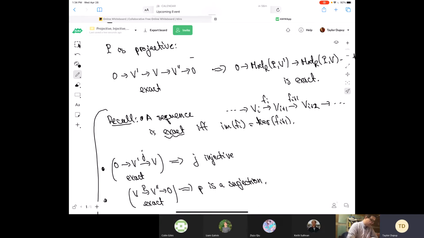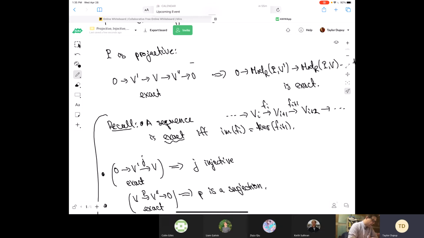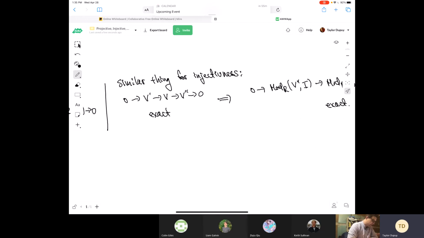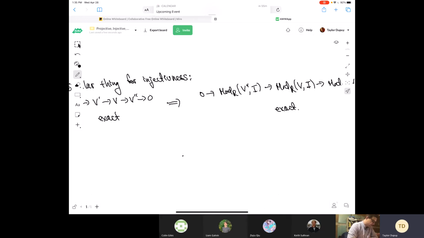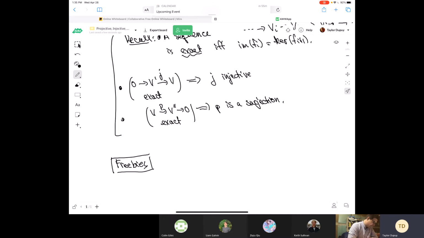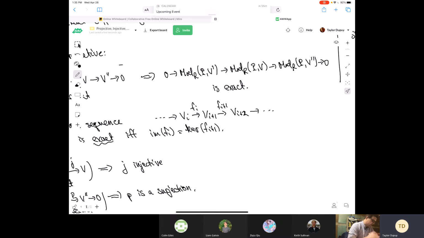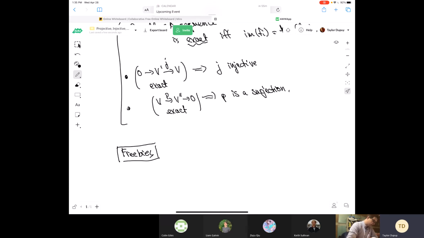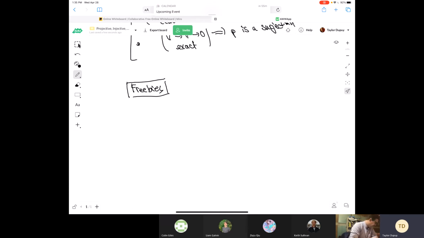A module is projective if injections map to injections and surjections map to surjections under the map represented by P. A module is injective if surjections go to injections and injections go to surjections. It seems like we need to check two conditions for projectivity and two for injectivity. This theorem is going to cut this down, so some of those are free.